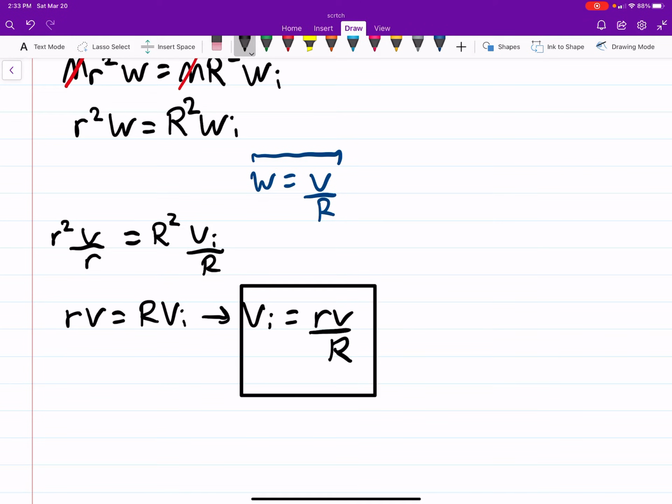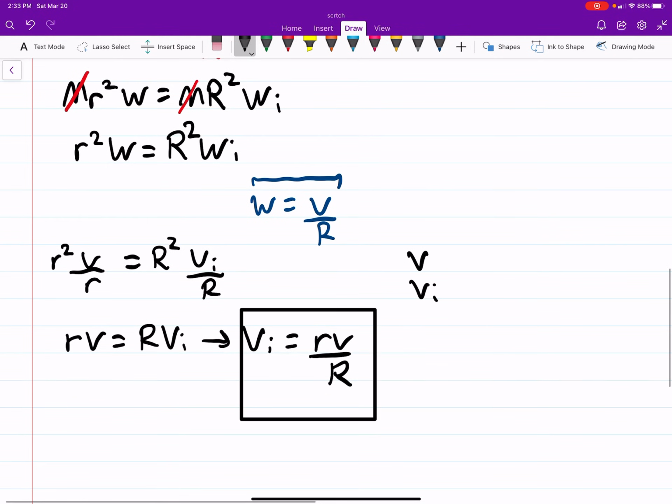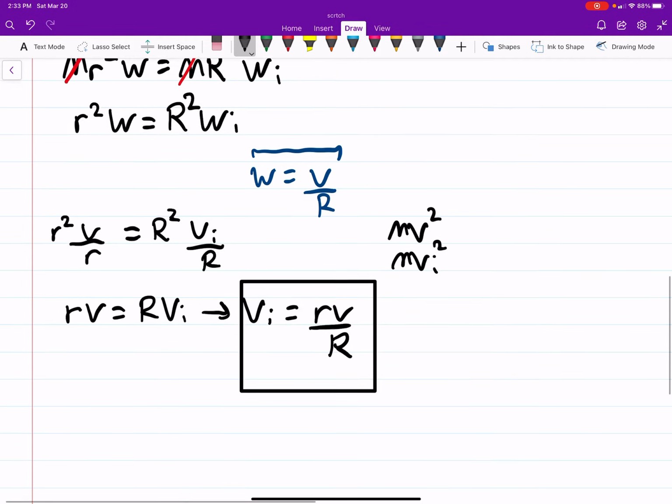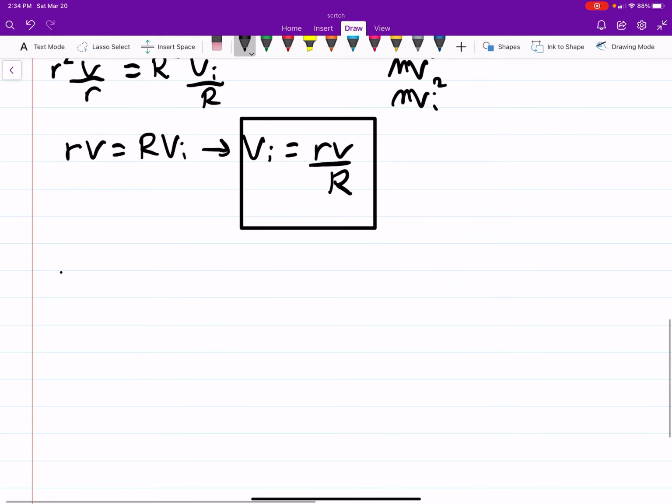Okay, so that's something I needed. I needed v initial, and basically we want m v squared, and we have v initial now, which is good. Now, the next thing to consider is Newton's second law, which says that the sum of all forces equals mass times the centripetal acceleration because it's rotating.